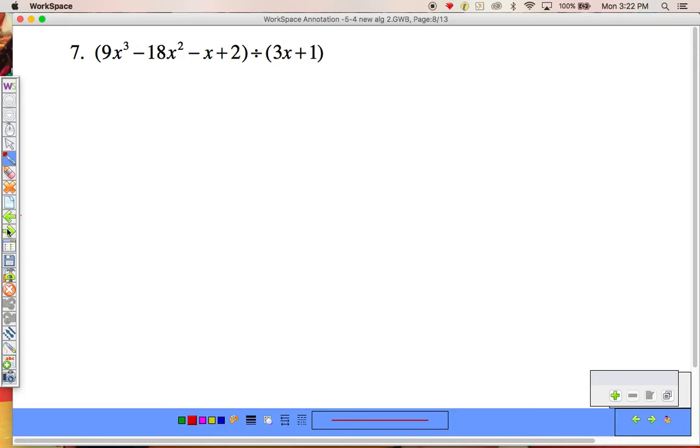All right. Set my denominator equal to 0. I get negative 1/3. So I'm going to go 9x to the third, negative 18x squared, negative 1x plus 2. All right, oh no, it has a fraction in it, but it's not going to be that bad. Drop the first number.